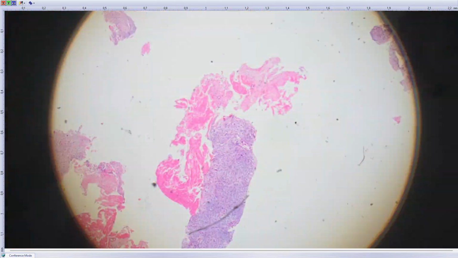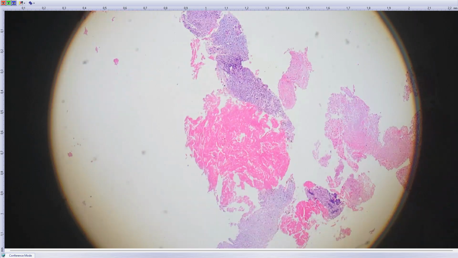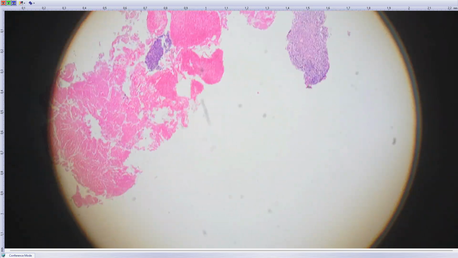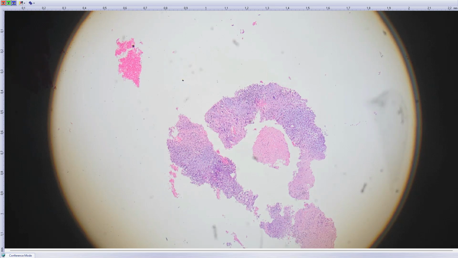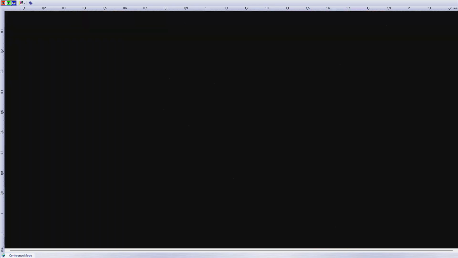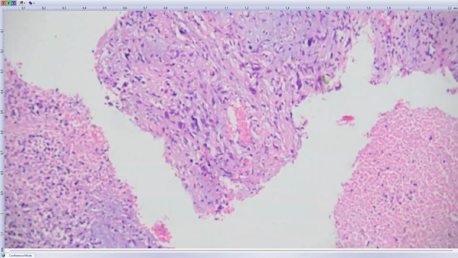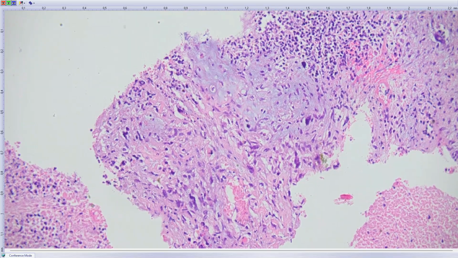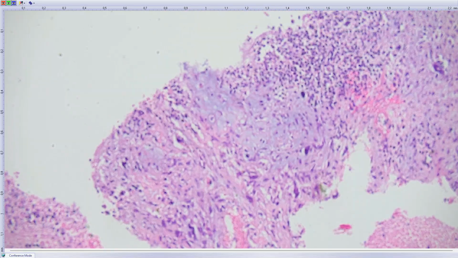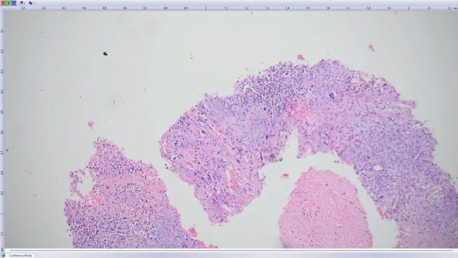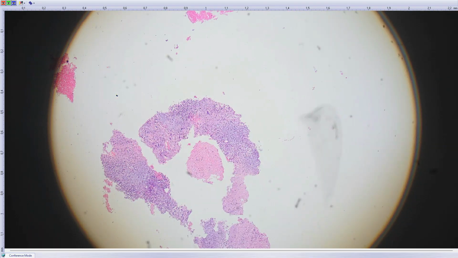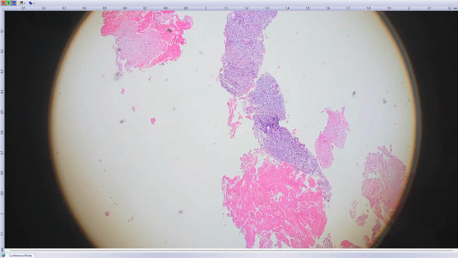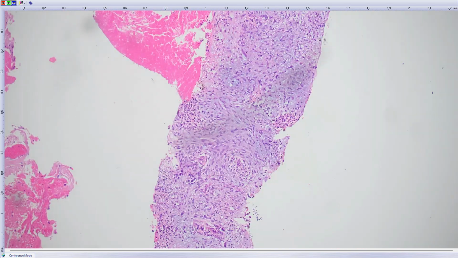So this is the 12 or 15 centimeter, I don't recall exactly, liver lesion. Here I would say is already clear-cut chondroid differentiation. So we have a high-grade malignancy with chondroid differentiation.